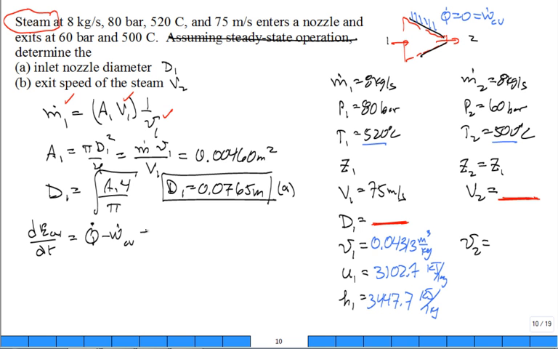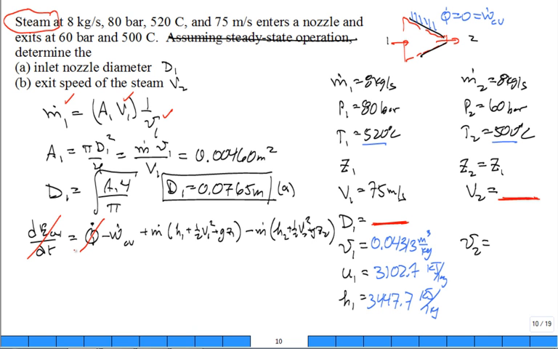Then we're going to have plus the mass flow rate coming in times enthalpy plus 1/2 V1 squared plus g Z1, minus the mass flow rate exiting times enthalpy plus 1/2 V2 squared plus g Z2. That's the general form. After a while, I don't like to write it all. I get tired of writing the whole thing down because I know 99% of the time, steady state.